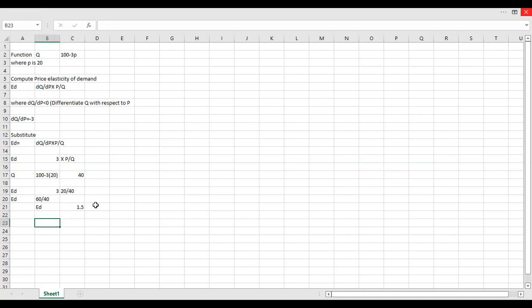So using the demand function, we are told that quantity is equal to 100 minus 3p, which indicates that minus 3 is less than 0.